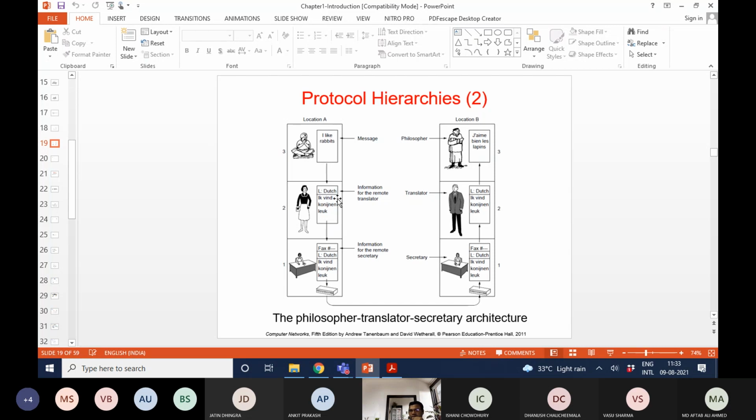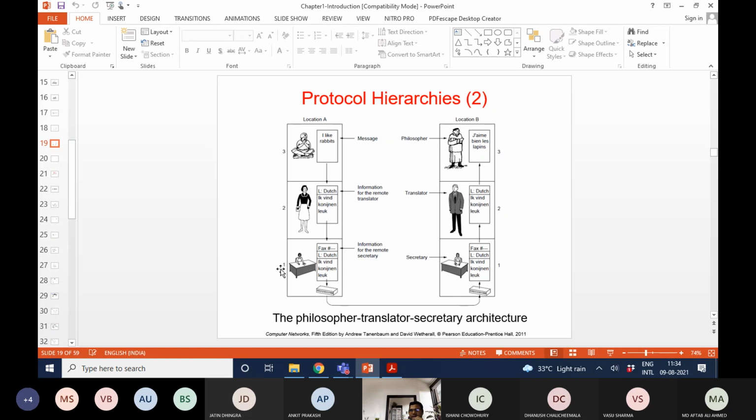The original message, converted to the Dutch language, has another part added, known as the header. This header contains some additional information about the message or data type. This much will become the whole packet or whole message for this layer.